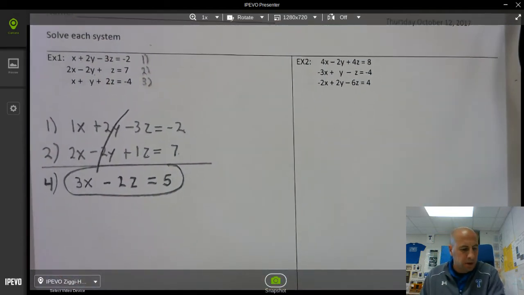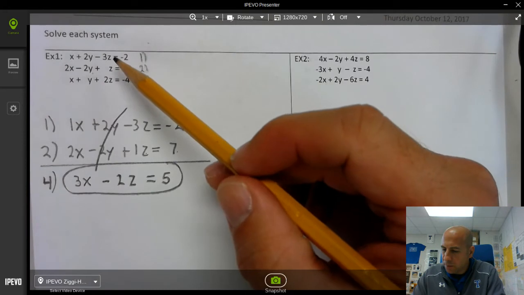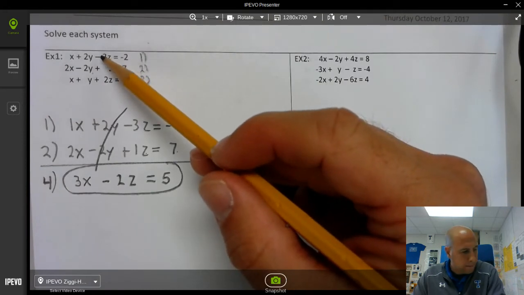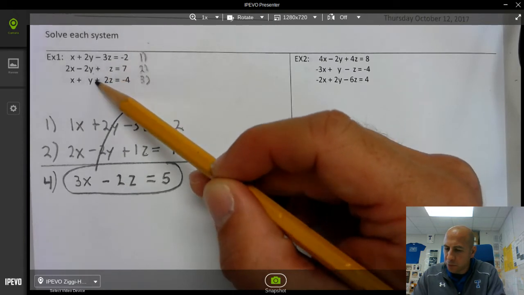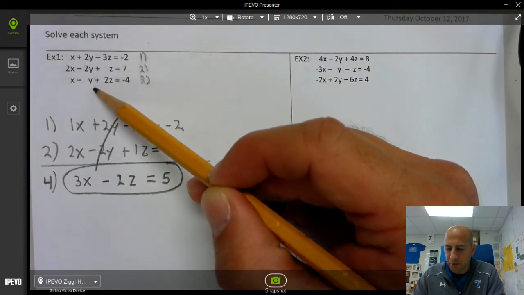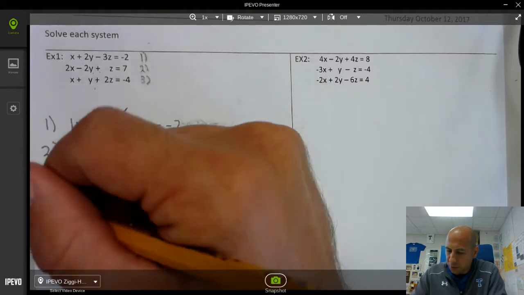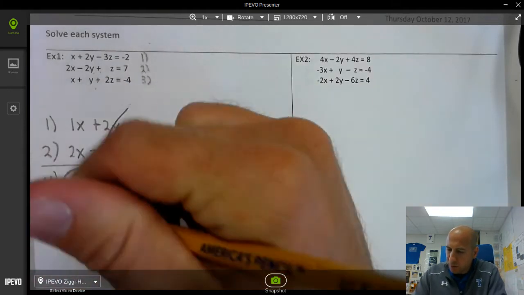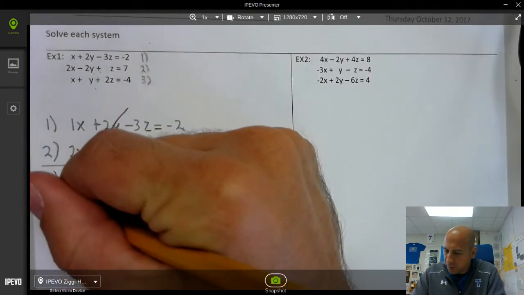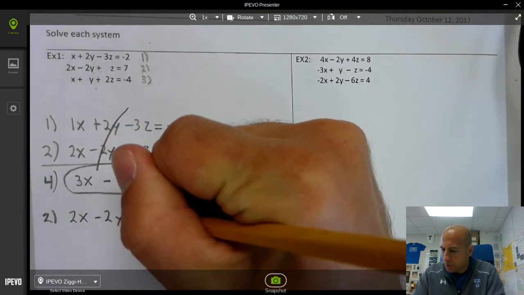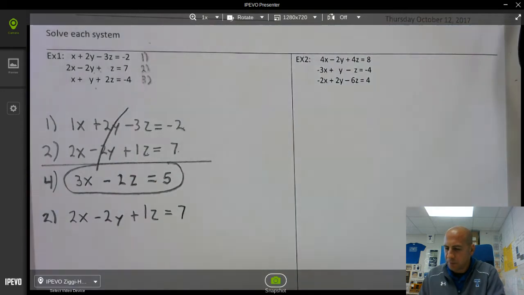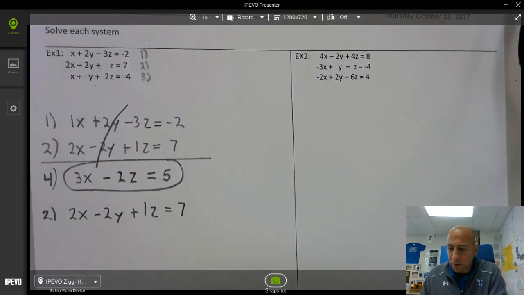Okay. Now we're going to use 2 and 3, but we're going to have to multiply 3 by 2. Okay. So we're going to use equation 2, which is 2x minus 2y plus 1z equals 7. And we're going to use equation 3.